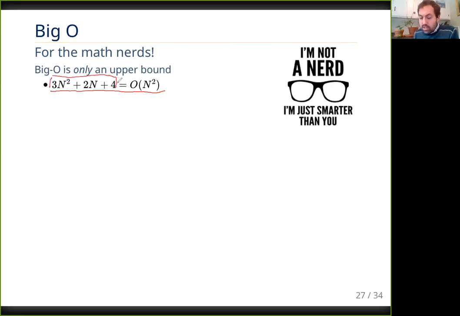We could also say that this function has other big O's, because big O of n cubed, big O of n to the power of 4, or even big O of factorial n are also upper bounds to that function, because there are also other functions that are always above the function that we're trying to describe.